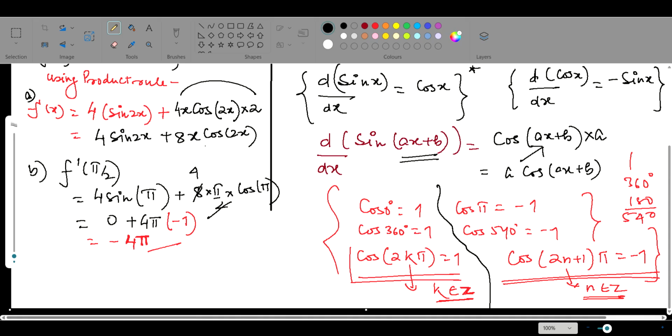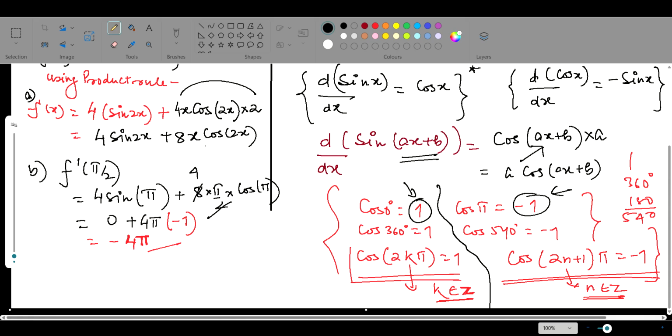I'm not talking about cos 1 degree, cos 3 degree, cos 5 degree. They have certain values; we can ask the calculator, but I'm specifically talking about the values 1 and minus 1. It's not easy to get such values with cos and sine, so if we are getting these values, it means there is some pattern they are following.